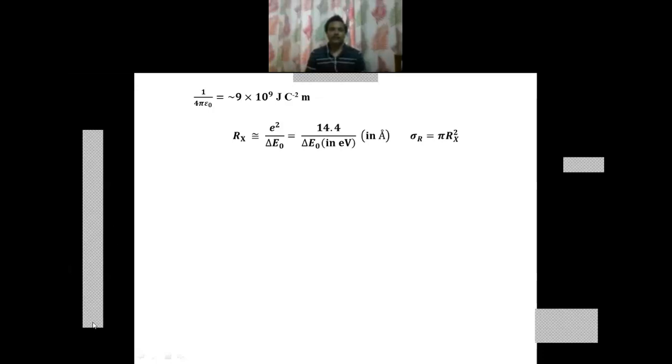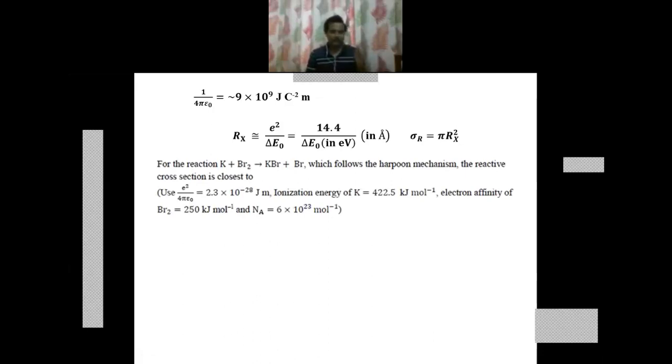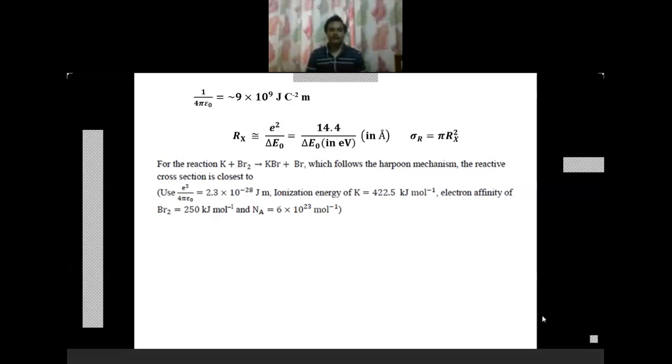Okay, so that is this one, right? For the reaction which we discussed already, potassium plus bromine 2 gives you KBr plus Br. It's following the Harpoon mechanism, and they are giving you the data. Use e square by 4 pi epsilon is 2.3 into 10 to the minus 28 joule meter, right?